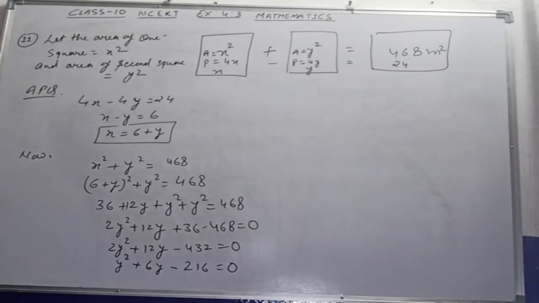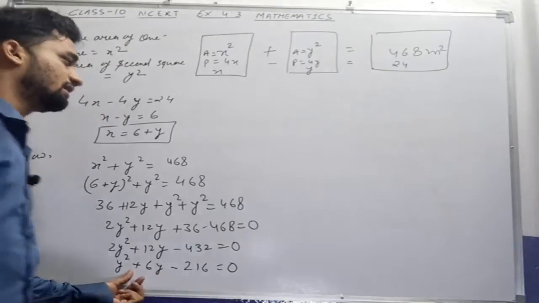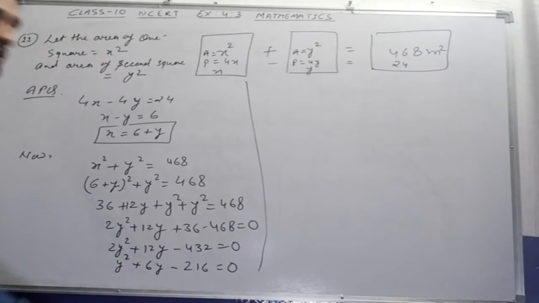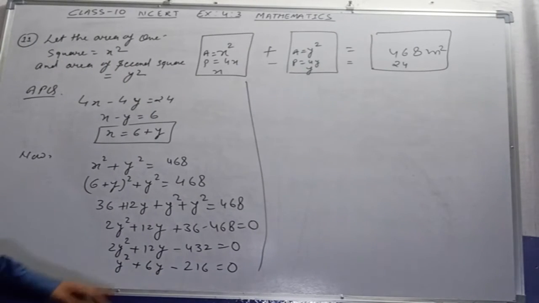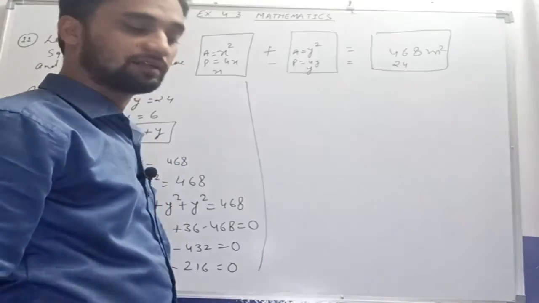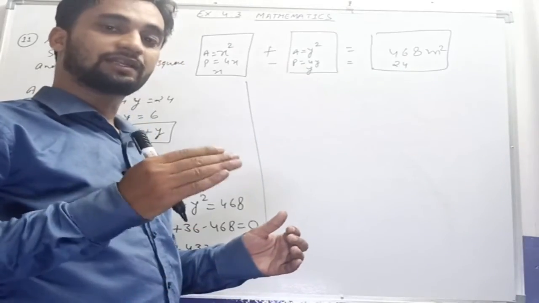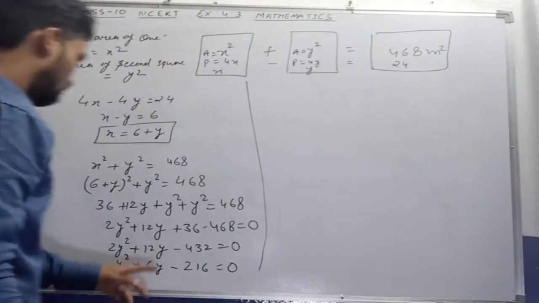Again, multiplication is negative, but here the plus sign is there, it means the greater number will be with the positive sign. So on multiplication they give 216, and on adding or subtracting, their result should be plus 6. So this will be 18 and 12. 18 times 10 is 180 and 18 times 2 is 36. 180 and 36 gives 216.